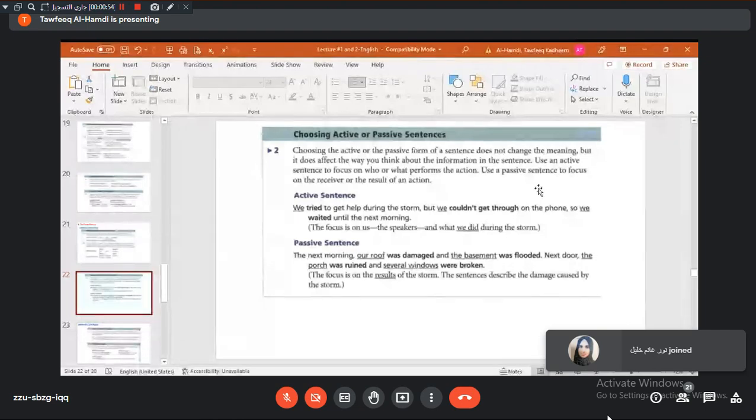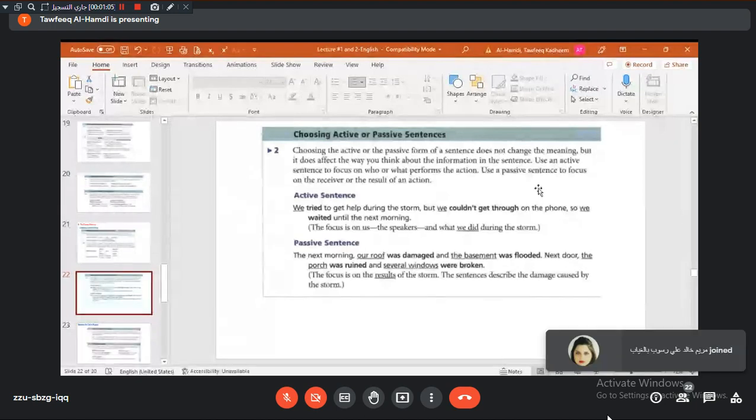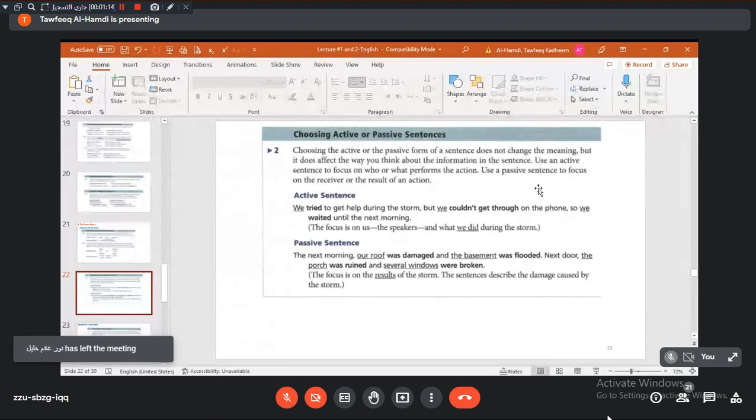Let's take this example to see the difference between the active sentence and the passive one. In the active form, we can say: we tried to get help during the storm, but we couldn't get through on the phone.